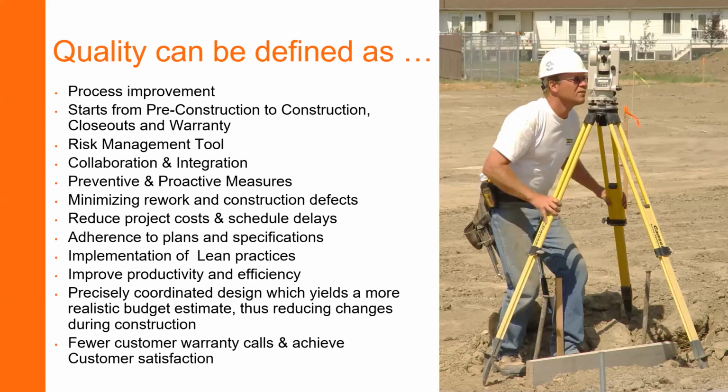So let's talk about quality a little bit here. Quality is all about process improvement. You improve your process as you go. You learn from your job and take it to the next job and improve your process, improve your quality. The quality starts from pre-con through construction and through technically closeout, even in the warranty phase. Closeout is a risk management tool.